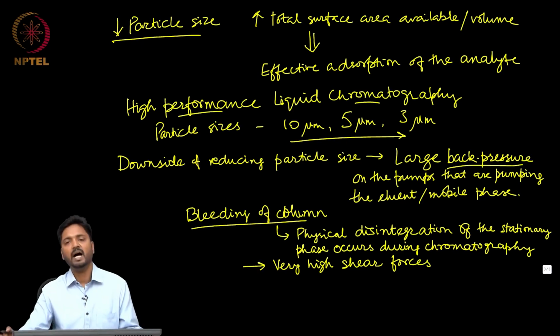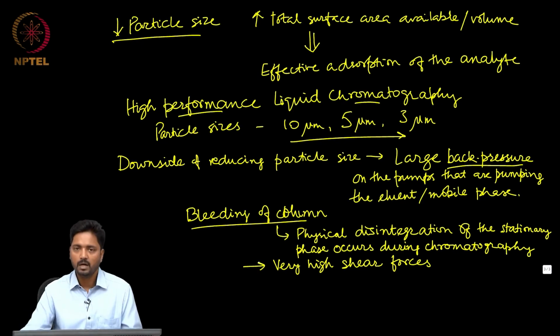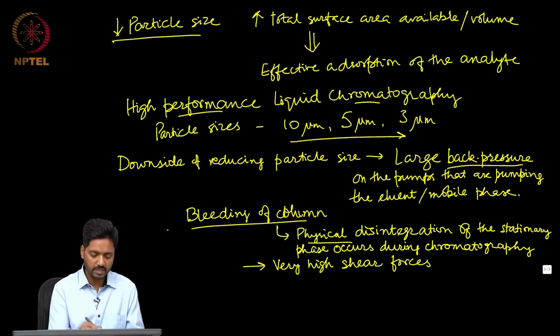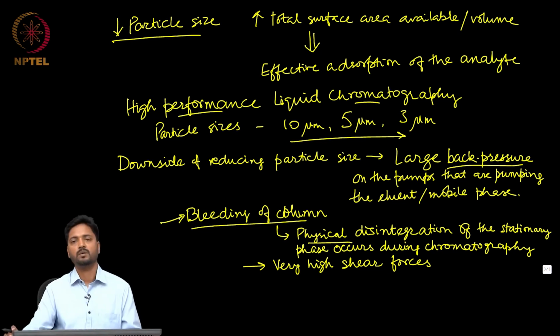Now, these high shear forces act adversely on the stationary phase and often result in physical disintegration of the stationary phase, and then this degraded stationary phase starts coming out of the column, and this is known as the bleeding of the column.